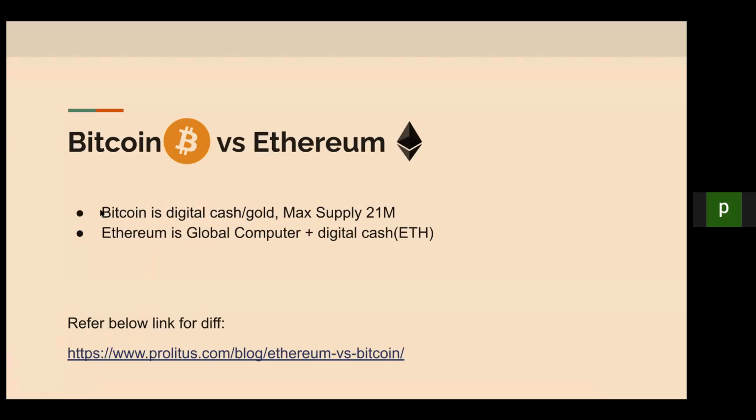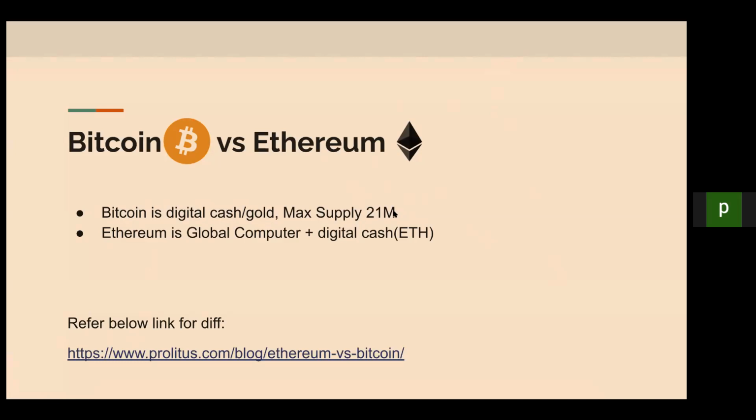This is why it is called digital cash, and why it is called digital gold. The maximum number of Bitcoin that can ever be produced is 21 million Bitcoins. It is programmed into the Bitcoin code that you can mine only 21 million Bitcoin.